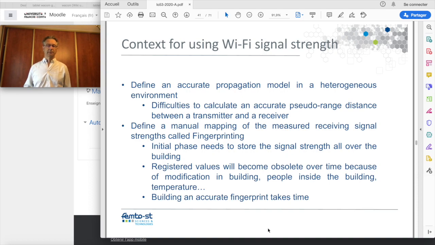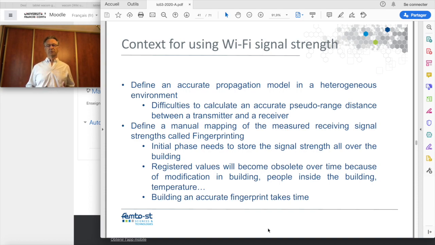In this type of map, you need to collect some information before you use your indoor location, because all of this information will be used as input in order to calculate the position.